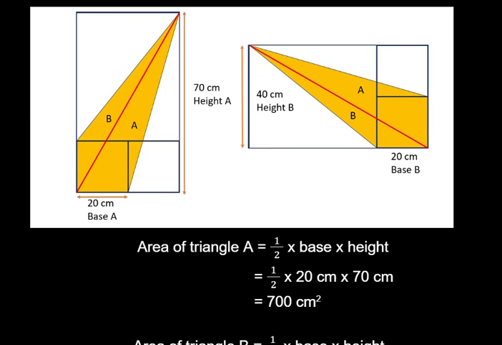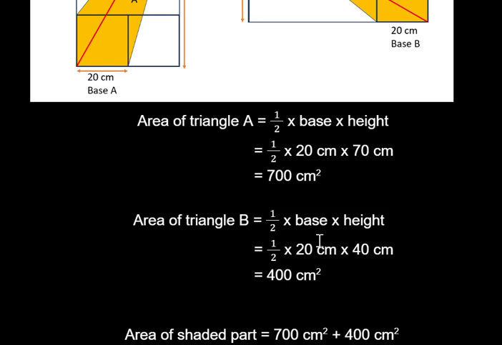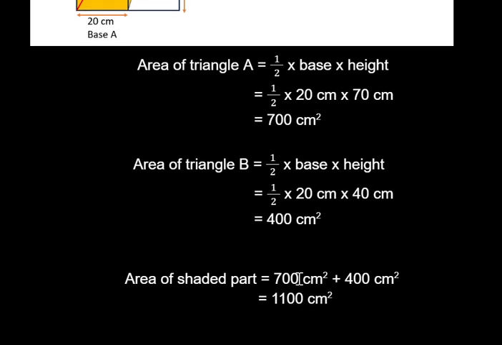This part is 40. So half times 20 times 40 is 400. So the area of the shaded part is area A plus area B, which is 700 plus 400, is 1100 centimeters square.